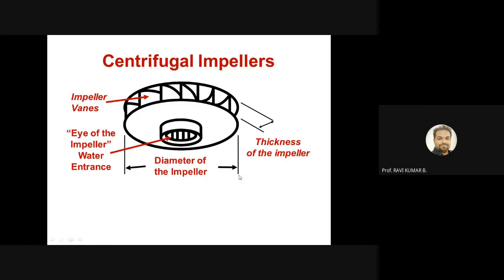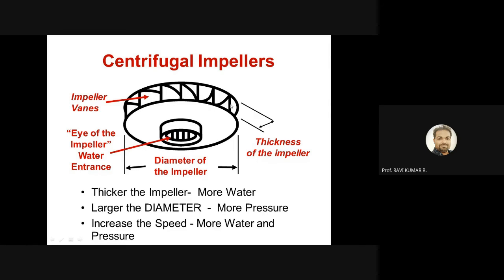This is the thickness of the curved vanes, because the blades are mounted over this, so the thickness of the impeller, and these are all the vanes through which water will be accelerating as it enters here. The thicker you make the impeller, the more water it can handle. The larger the diameter, the more pressure. So increase the speed, and you get more water and pressure.